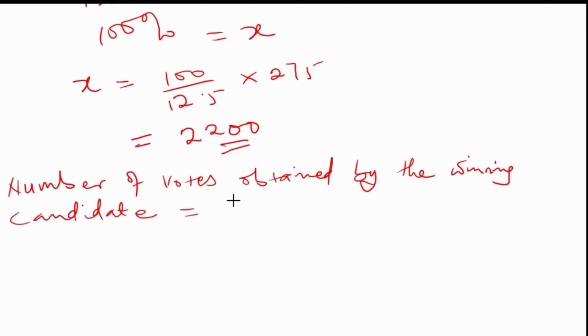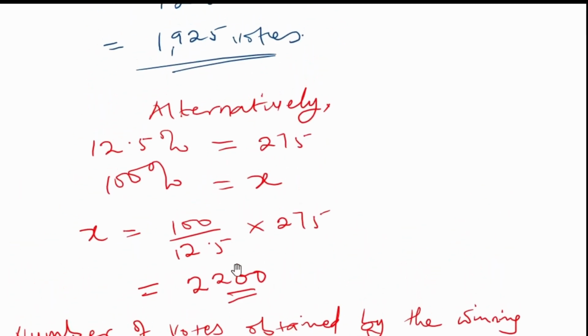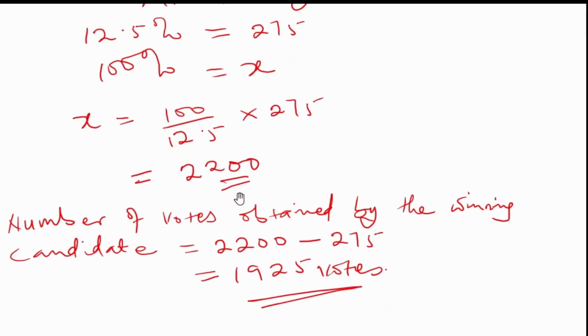So the total number of votes obtained by the winning candidate is the total number of votes cast, which is 2,200 minus 275, and that will give us 1,925 votes, which is the same as what we got when we found the 87.5% of the vote directly.